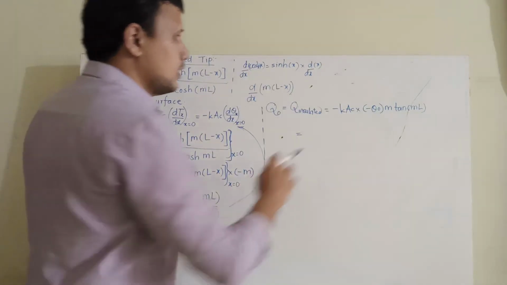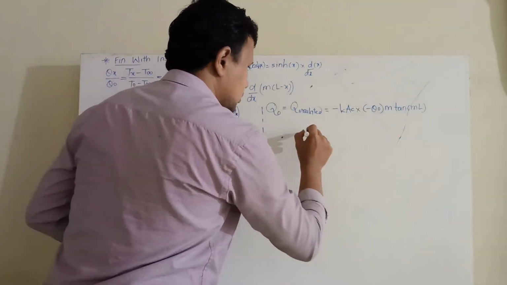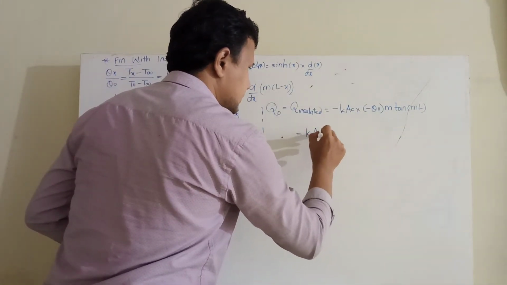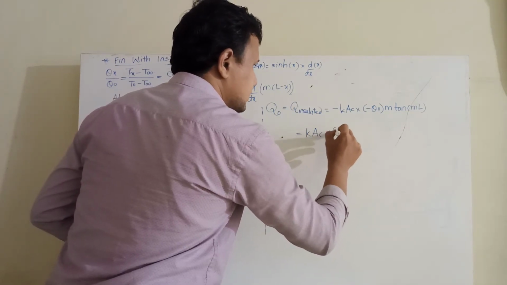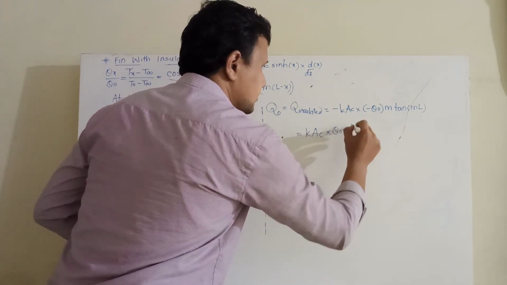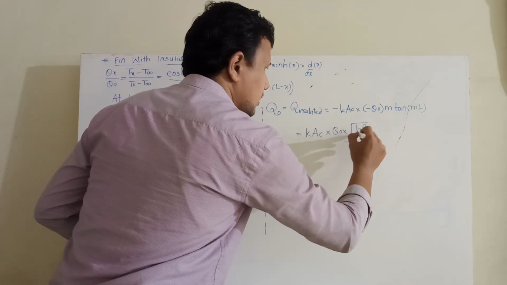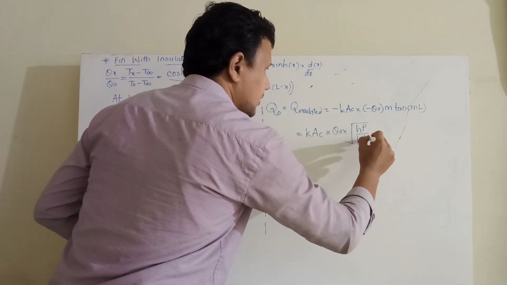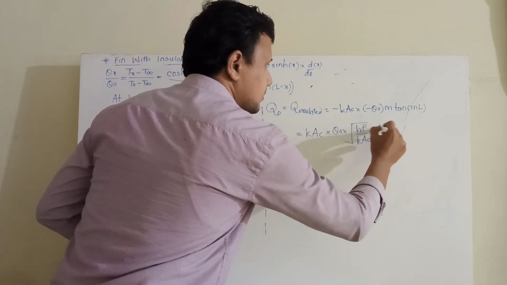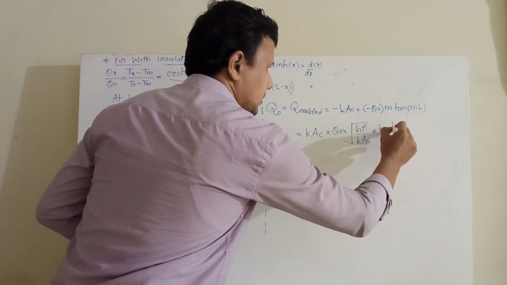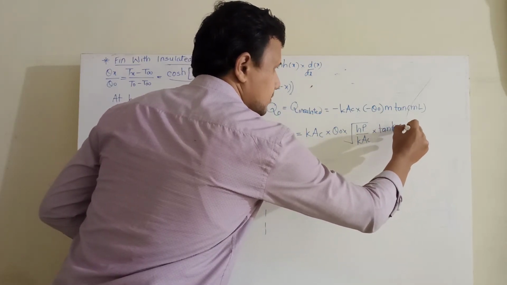Now we will deal with this m. So this will be kAc multiplied by θ0, and m is nothing but root of hP by kAc, multiplied by tanh of mL.